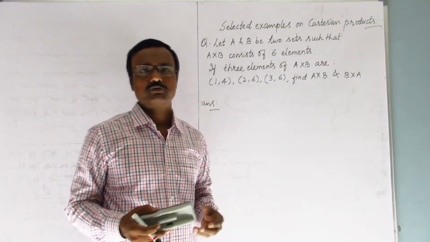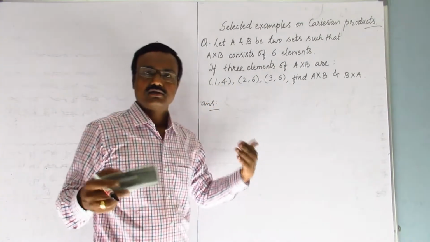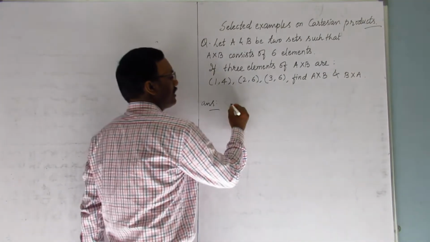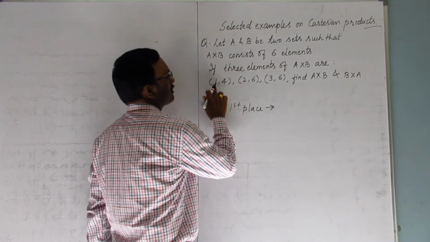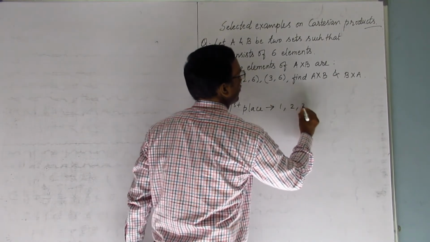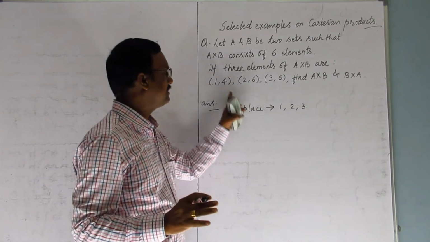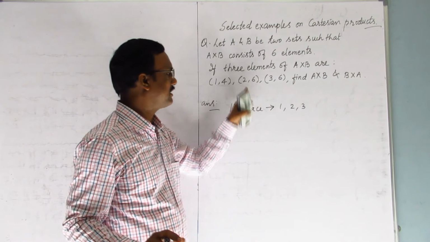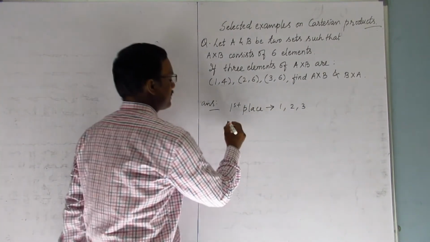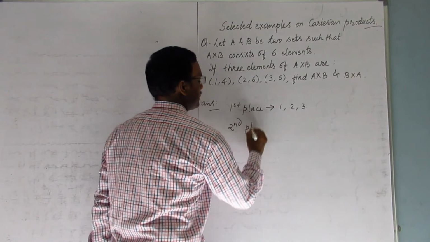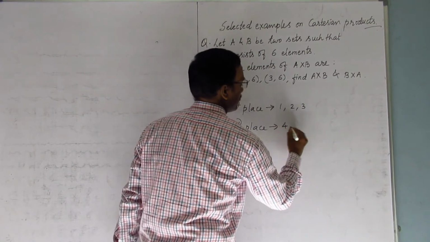In this question, we have to guess the sets A and B where the descriptions are given. Few elements of A × B are given, not all the elements. Even then we can guess the sets A and B. Initially I will write the first place elements: 1, 2 and 3. And the second place elements are 4 and 6.